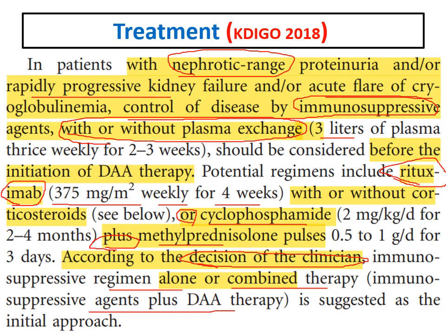They can be used either from the start, or, as most of us usually do in severe conditions, we start with the immunosuppressive drugs with or without plasma exchange first, control the disease, decrease the inflammation, and then we can start direct antiviral drugs usually 1 to 2 months later.